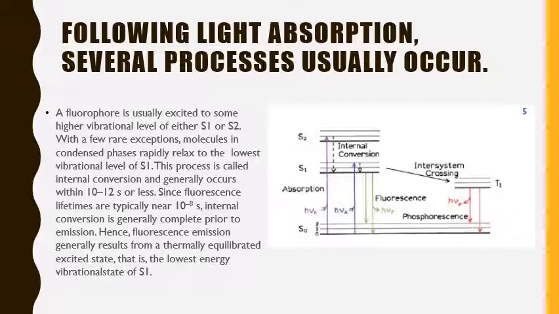However, the molecules in condensed phase rapidly relax to the lowest vibrational level of S1. First they move to S1 and S2, then from S2 they move to S1. This process of moving to a lower state is called internal conversion.